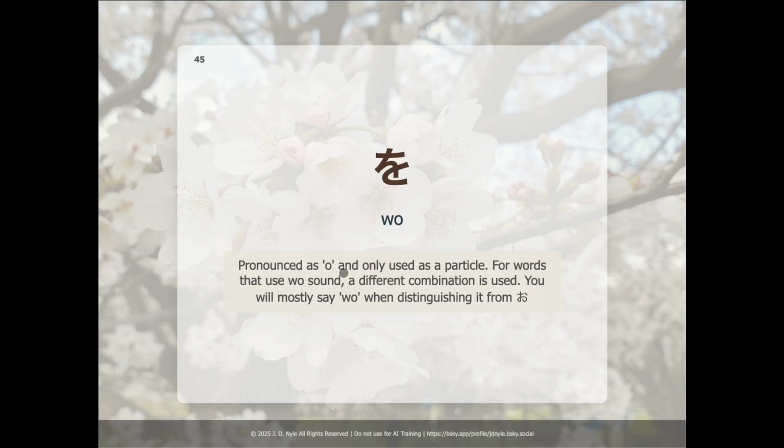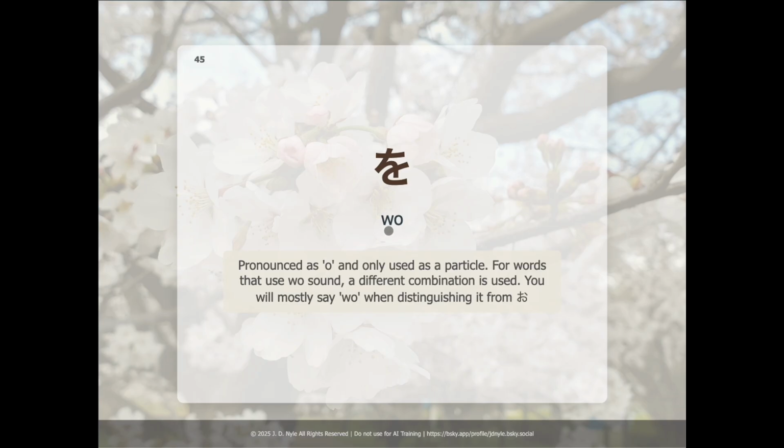Then we have wo. This one is actually pronounced as o, but this is also only used as a particle. And this one will denote the direct object of a sentence. Pretty much, if you want to use a word that uses the wo sound, we use actually a combination of characters. And yeah, we don't actually ever pronounce this w.